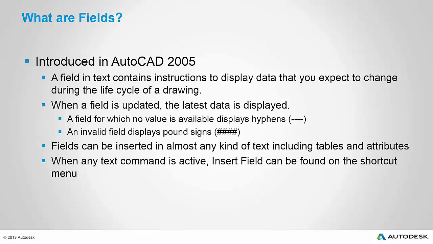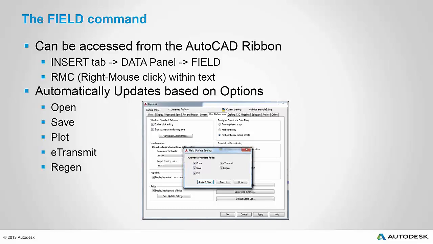The field command itself, well, you can type it in at the command line like any AutoCAD command, field. You can also right mouse click within a text, or you can access it from the ribbon under the insert tab, data panel, and then field. And of course, you'll see that in a few moments.